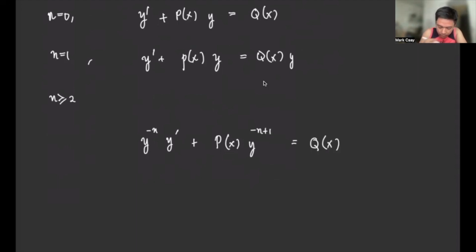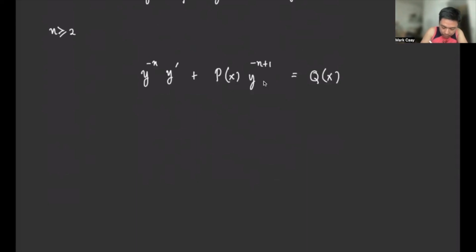And I can rewrite this in the form y to the negative n dy/dx plus p of x y to the 1 minus n equals q of x.